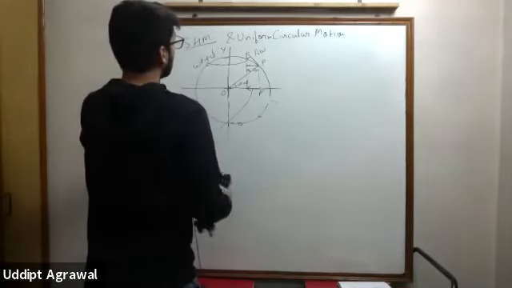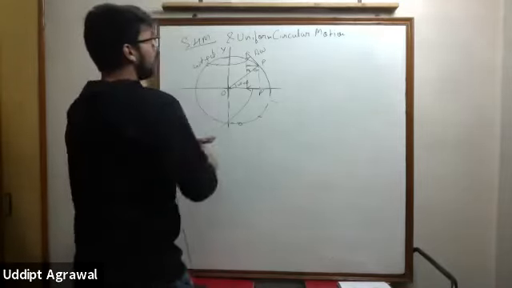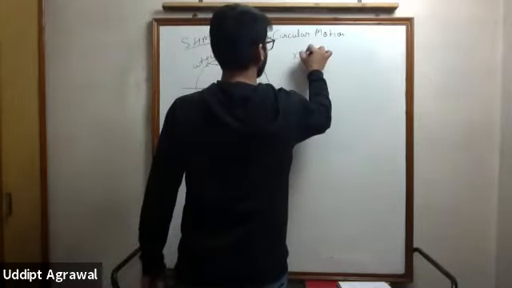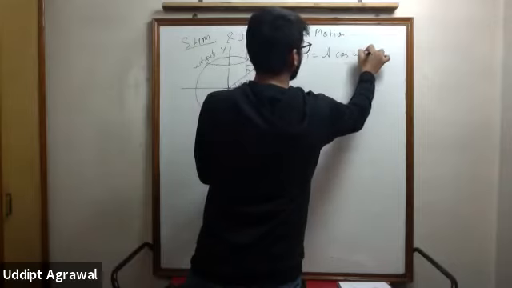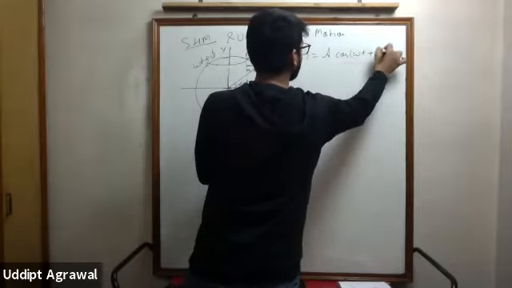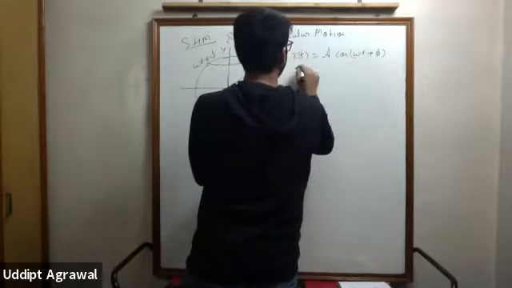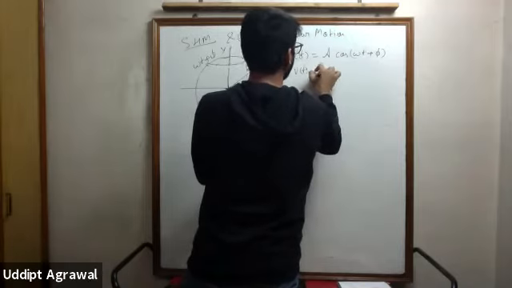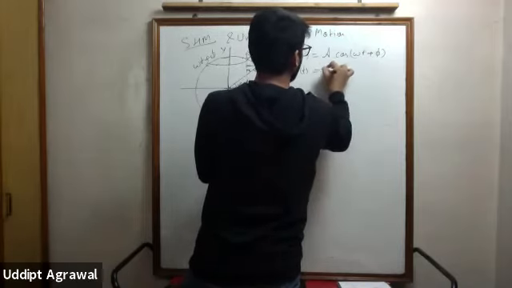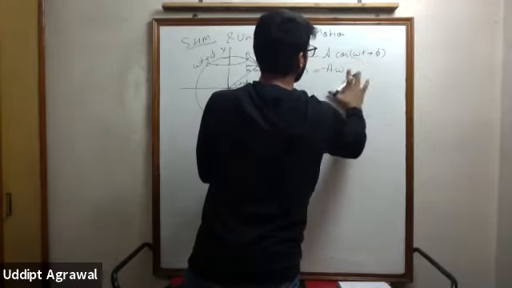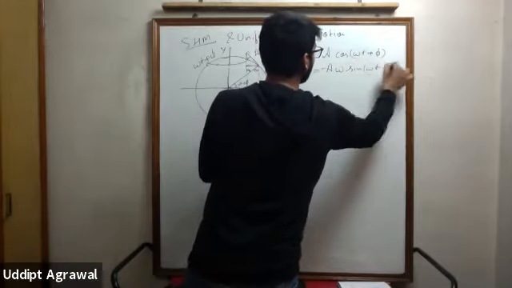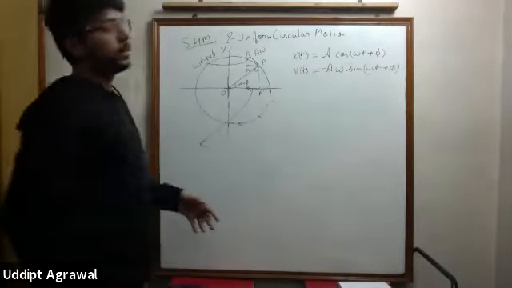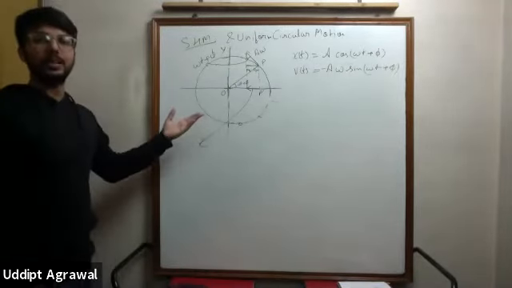So till now we have done x of t, which is the displacement, a cos omega t plus phi, and velocity, which is minus a omega sine omega t plus phi. These are all functions of time. Now, obviously, the next one will be acceleration.